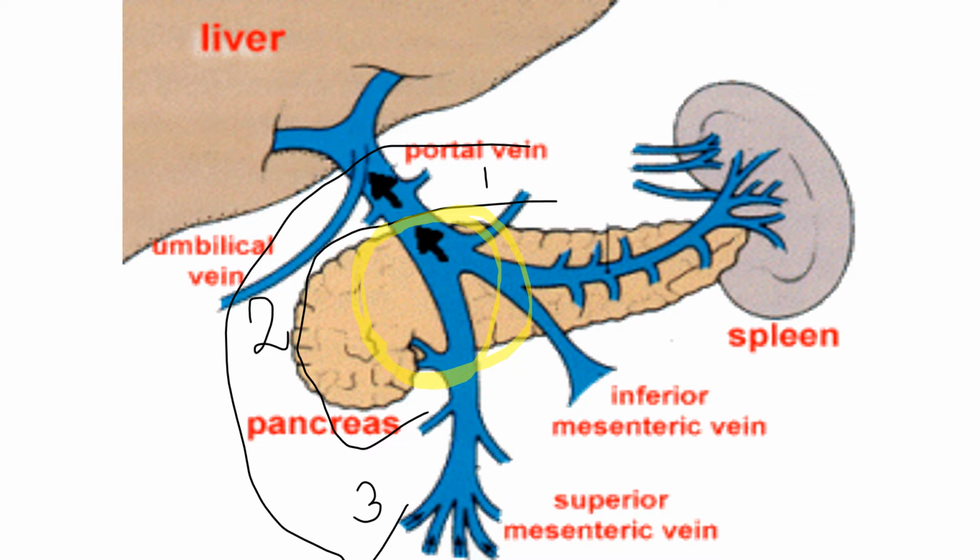Point number 1, we have the neck of the pancreas, and also we have the IVC, the inferior vena cava, draining from here like this.